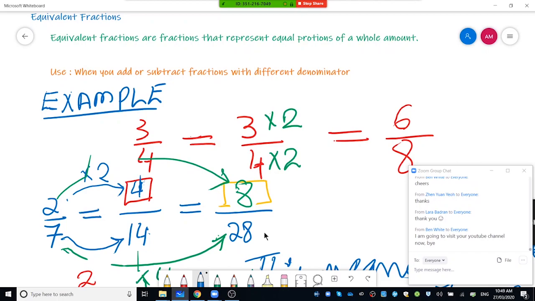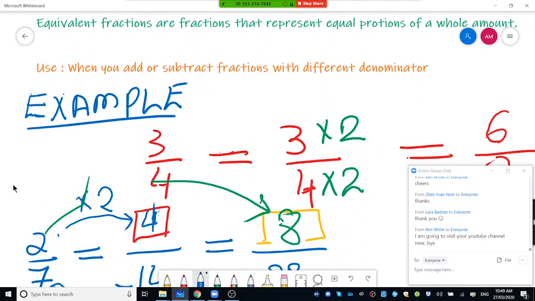And what is its use? The use now we know. Once I was teaching you, I did not talk about it, but now I can say that when you add or subtract fractions with different denominators, you have to convert them into equivalent fractions so that they have the same denominator. That's something which we learned.